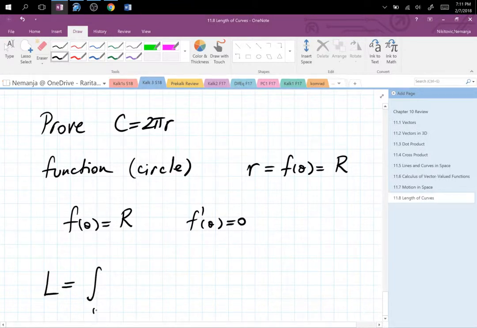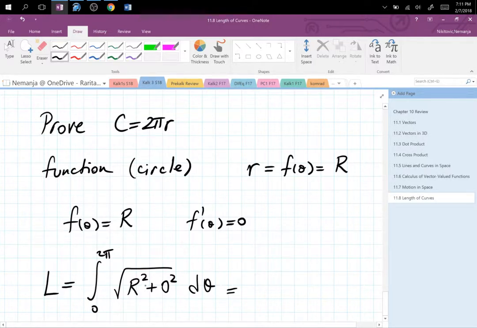The angle is from 0 to 2 pi because I want the circumference of the entire circle, right? And I have the square root of R squared plus 0 squared, d theta. And you can quickly see that you're getting 2 pi, because the square root will cancel that square.